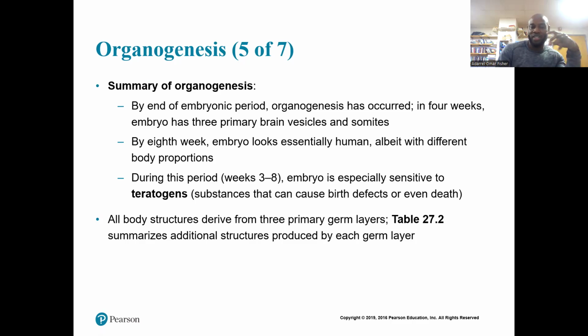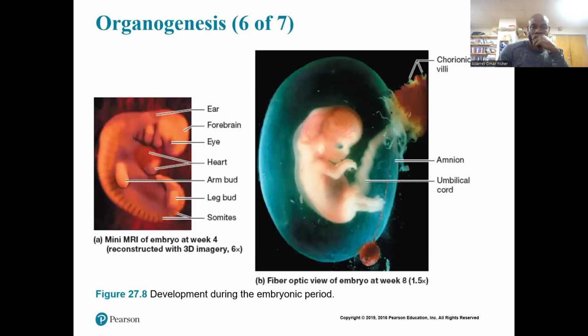So once again, this is a very specific process. Anything goes wrong, it could be very problematic. That's what's happening, week 4 to week 8. By the time we get to week 8, we can take pictures and see the baby.